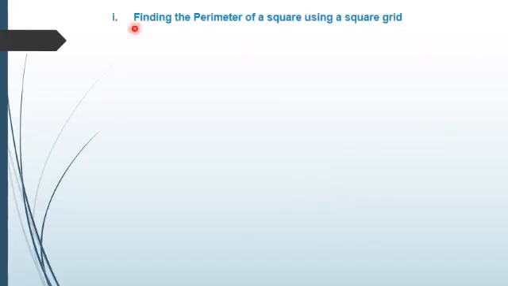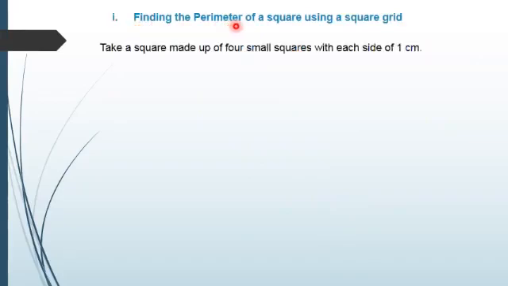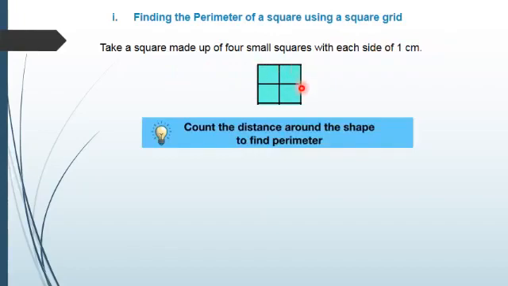Number 1, finding the perimeter of a square using a square grid. So here we take a square made up of 4 small squares with each side of 1 centimeter. In finding the perimeter, we want to know how far it is to move around the outside of the shape. So we need to count the distance around the shape. Let's look at how we can do that.